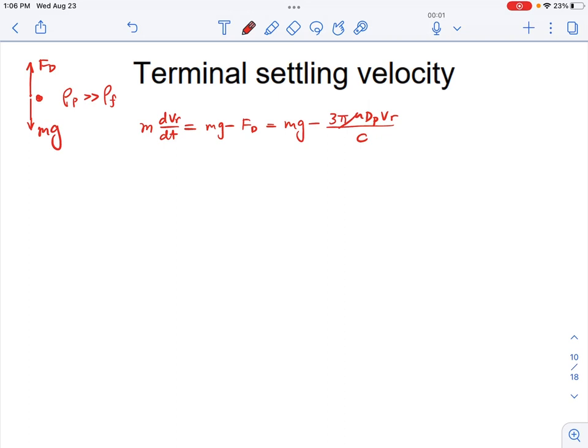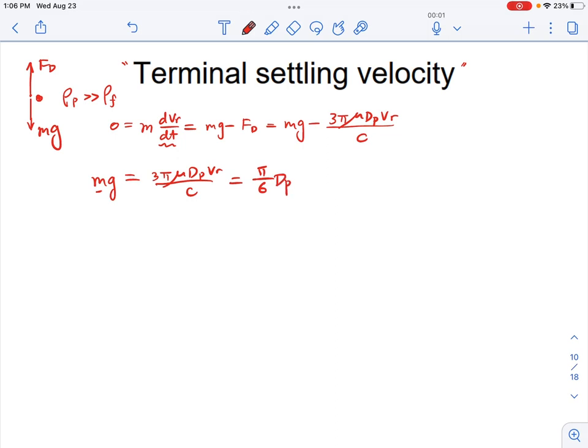But first, people are interested in what is the final velocity, or what people call the terminal velocity of a particle. The terminal velocity means the final velocity that doesn't change as a function of time anymore. So if there's no change anymore as a function of time, then the term on the left-hand side will become 0. So you will directly have mg equals 3 pi mu dp vr divided by C. And further, for the mg term, you can assume that the particle is spherical.